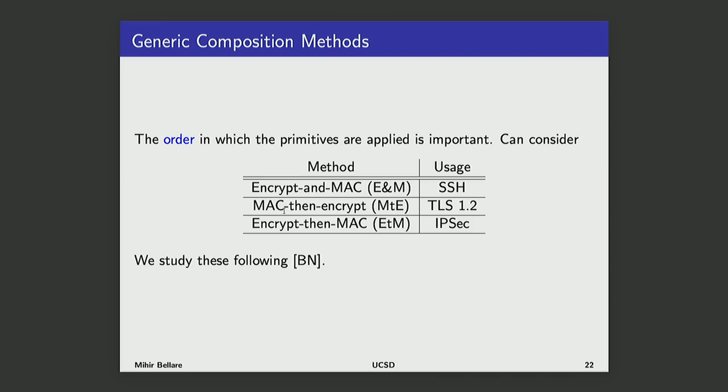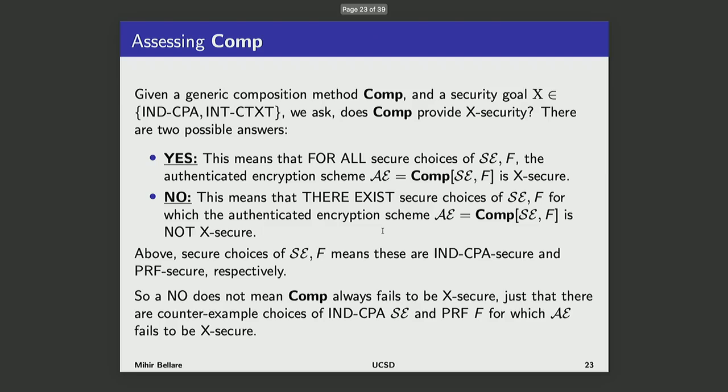This is first MAC and then encrypt, and this is first encrypt and then MAC. And not only are these considered theoretically, but they're used. For example, SSH is a secure file transfer protocol which used this at some point. Early versions of TLS used this. Later ones use GCM, so maybe not so relevant. And IPsec at some point used this. So now we'll study them, and this is kind of the answer to the Stack Exchange question.